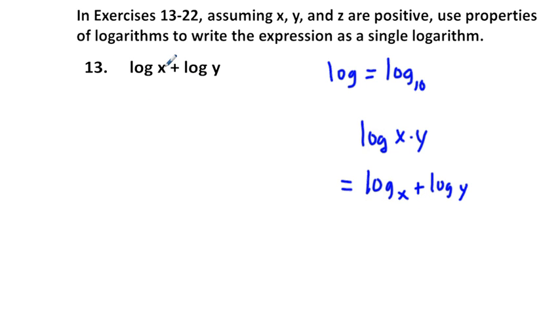So essentially what we're going to be doing is we're going to rewrite this as the common log of x times y. And you could put that in parentheses just to make certain we know that that's what we're talking about, the product of x and y. Again, going backwards to make a single logarithm.